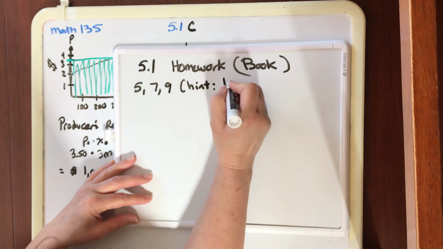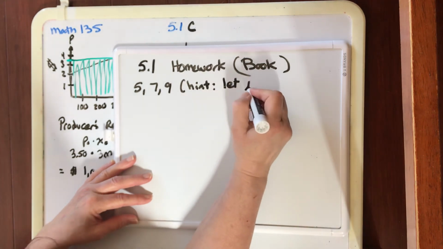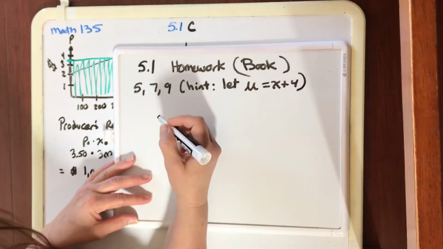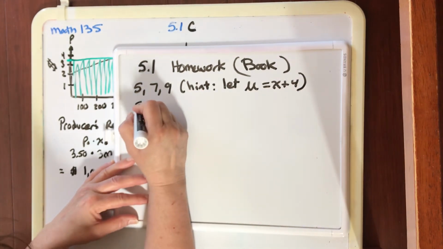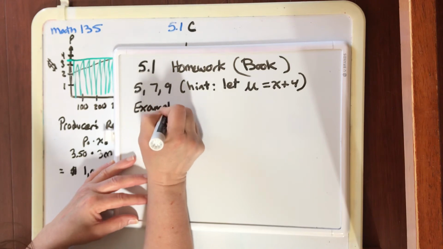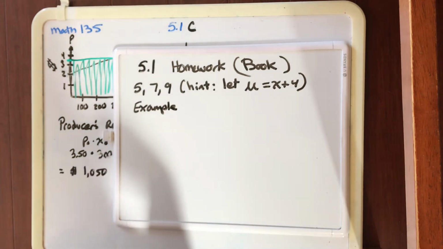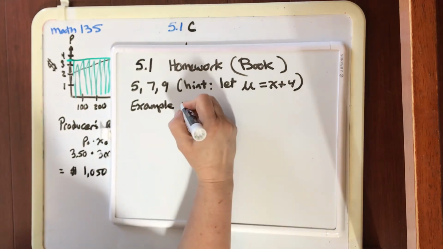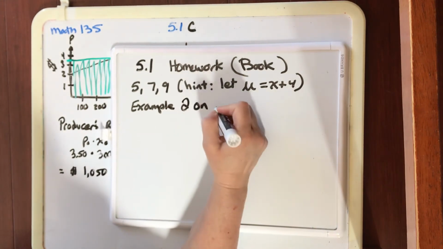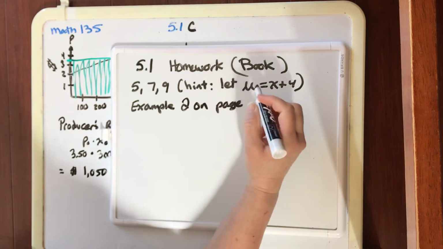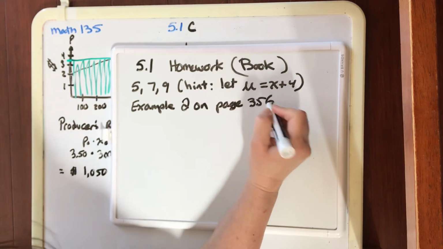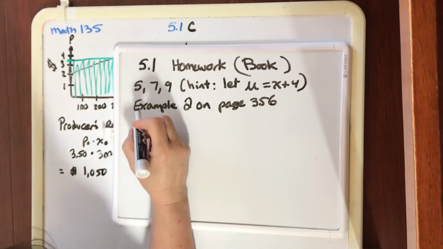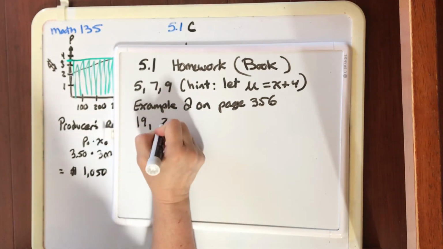The hint is let u equal x plus 4. Okay? Then do example 2. So in your book, you're going to look back at example 2 on page 356. Okay. So actually do the example, then after you've done that example, do 19 and then 23.